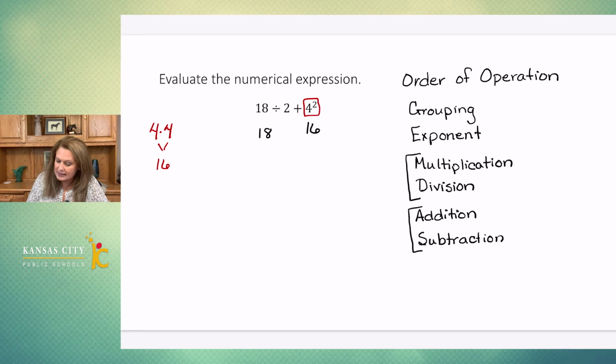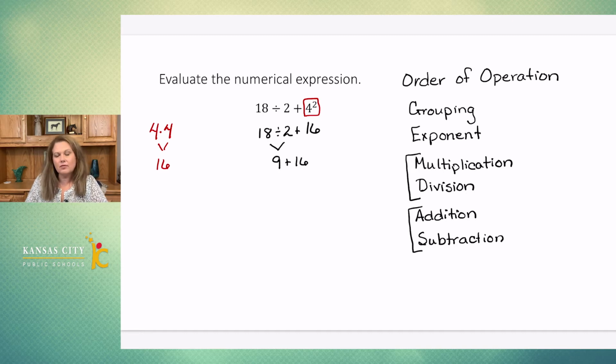Bring down your 18 divided by 2. So we have division and addition now. So when we look at order of operations, multiplication and division is next. We just have division. So we're going to do that portion. So 18 divided by 2, 9. We're going to bring down our addition.